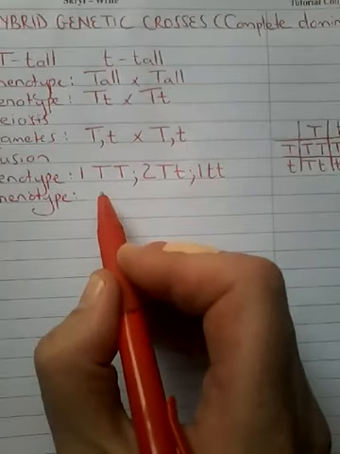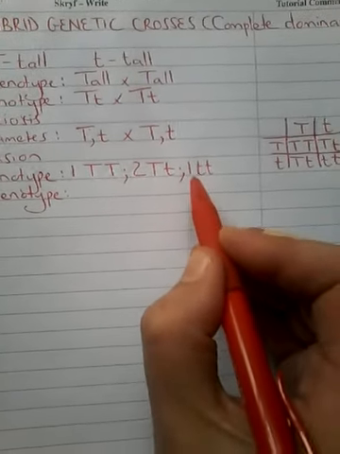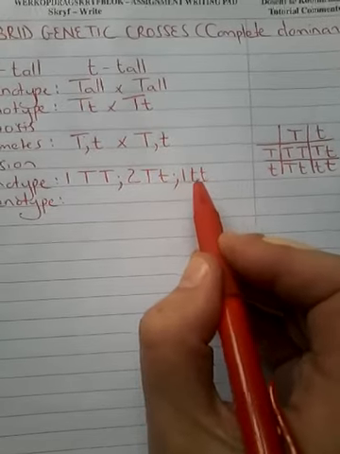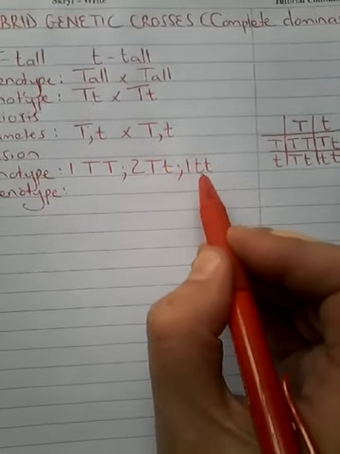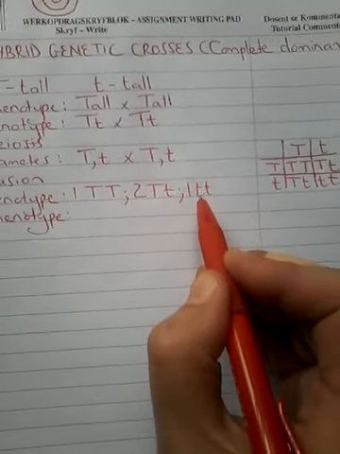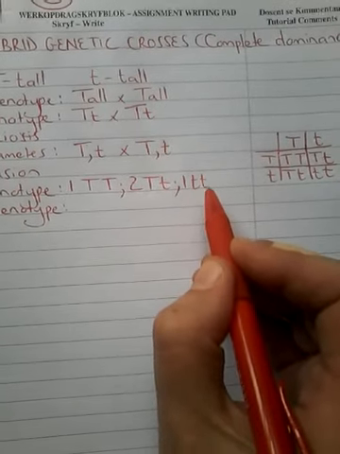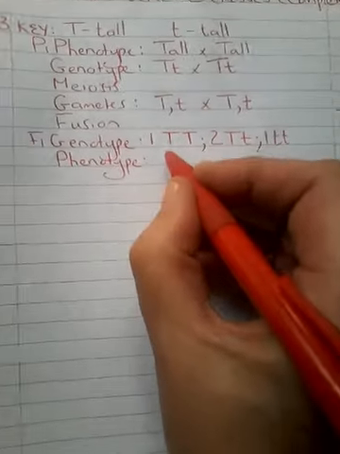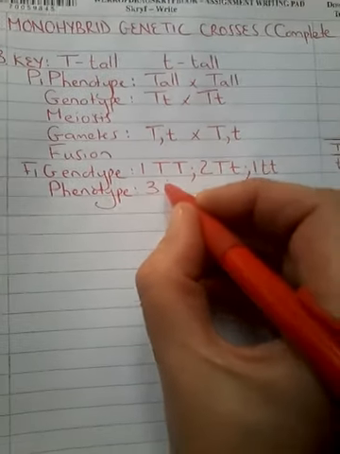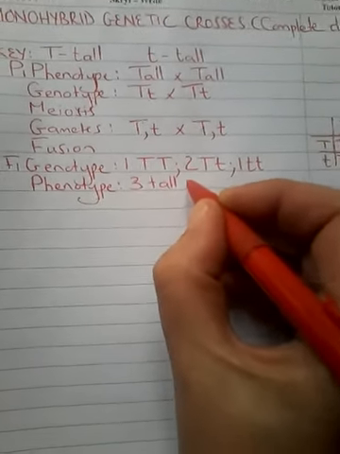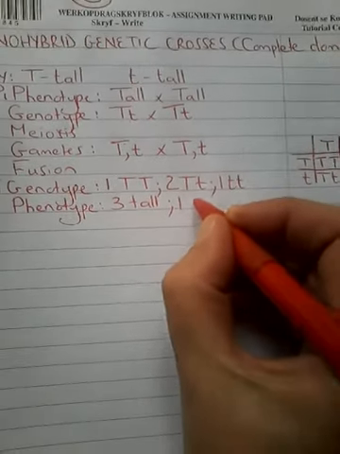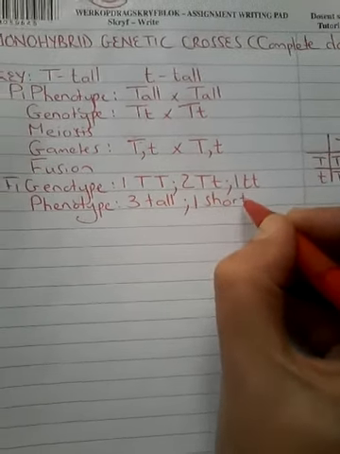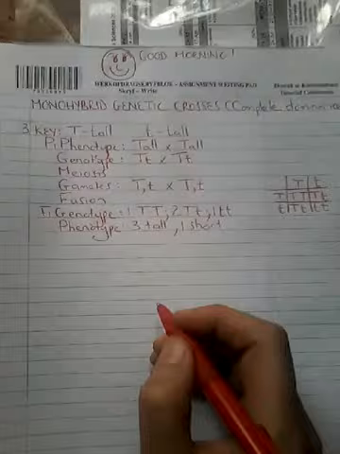So we've now got 3 tall. This one is homozygous recessive. The small t stands for short, so we have 1 short plant. So in words, 3 tall, 1 short.